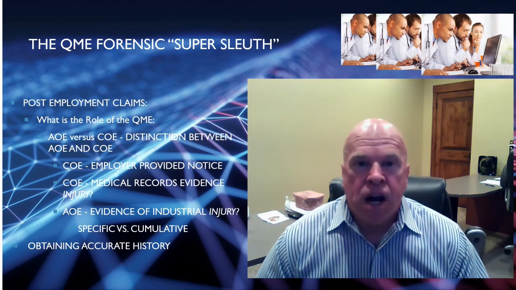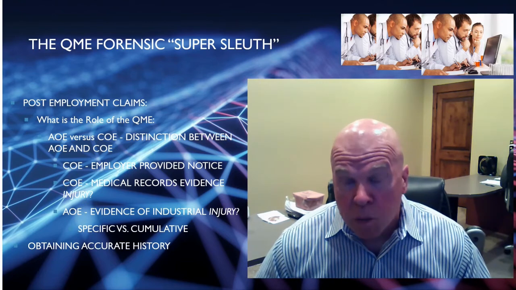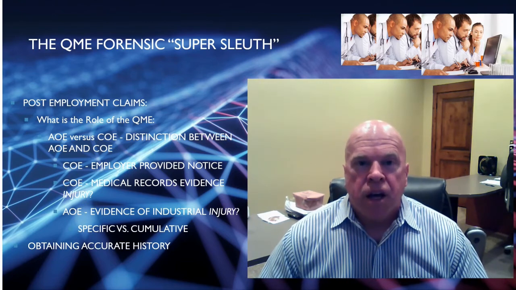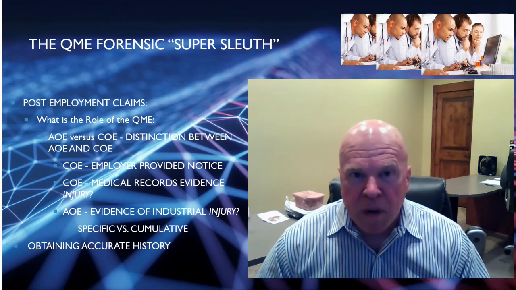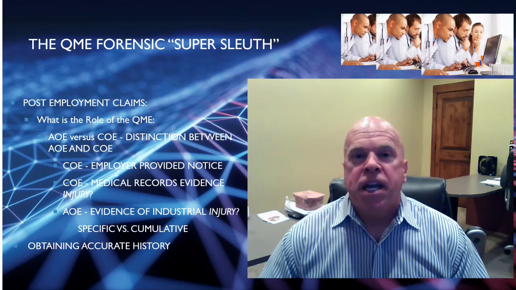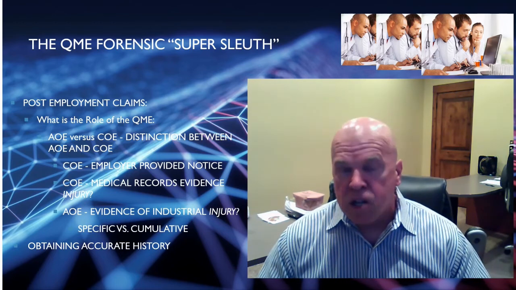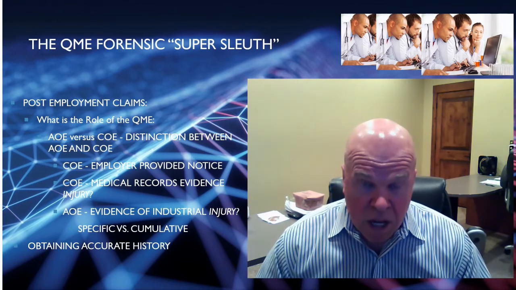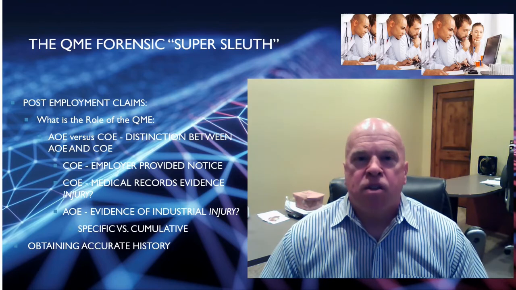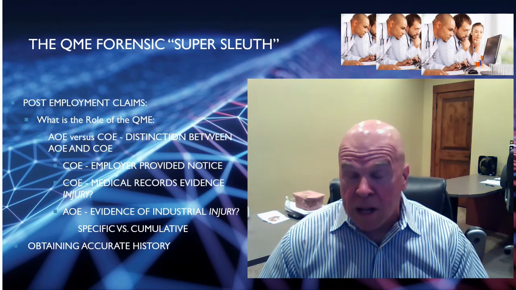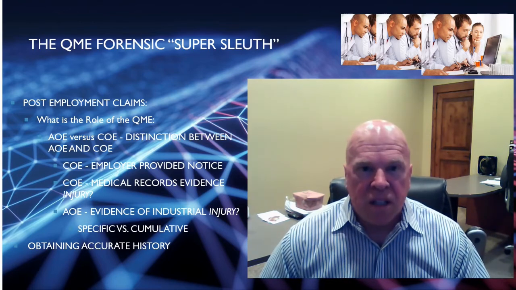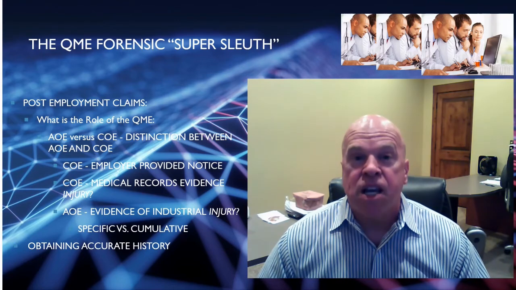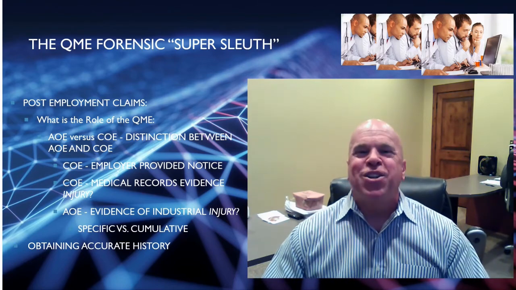And we've spent entirely now, up to this point in the program, talking about how you as a QME forensic super sleuth can determine the issues that the parties don't tell us. Well, in the next section of our program, we're going to continue the philosophy by examining the details and the information that the examinee doesn't tell us.